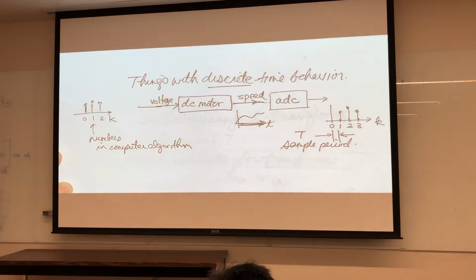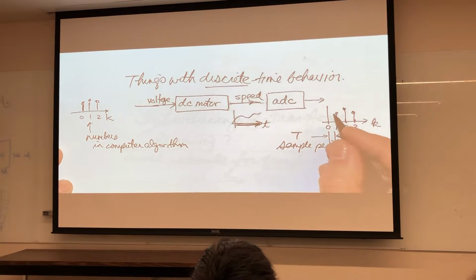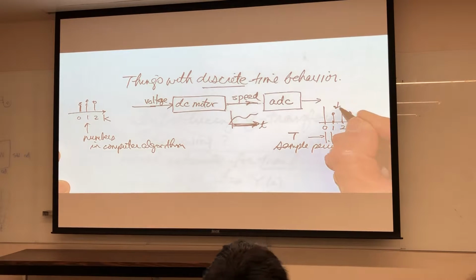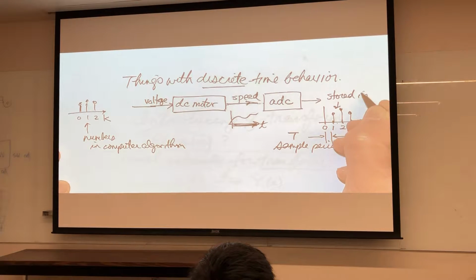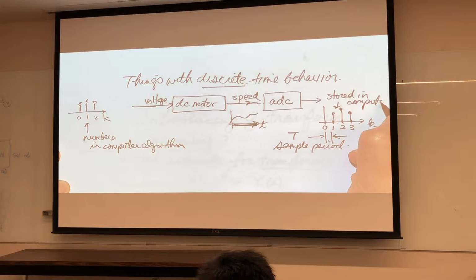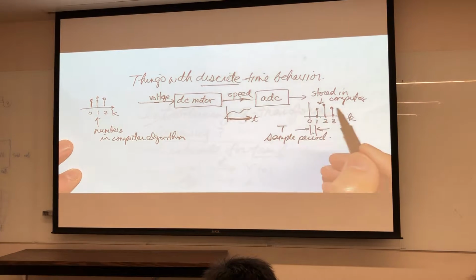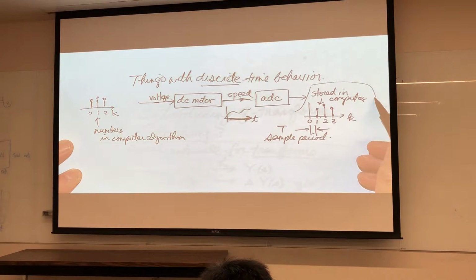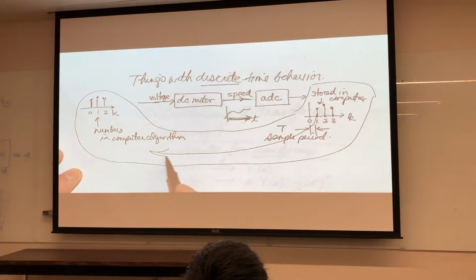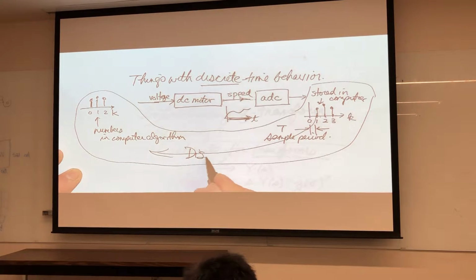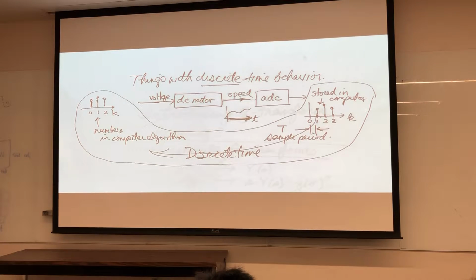Over on this side, when we sample the information, the output, these become pieces of information stored in the computer. And so the feedback control system, basically all this, once we store it and then we process it, this feedback here, this is all going to be in discrete time.